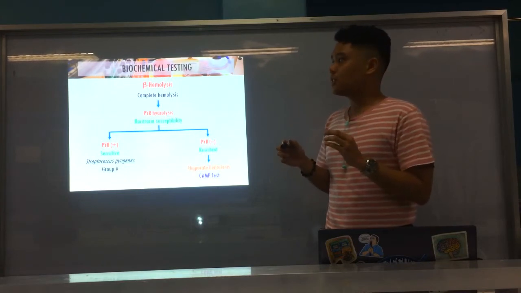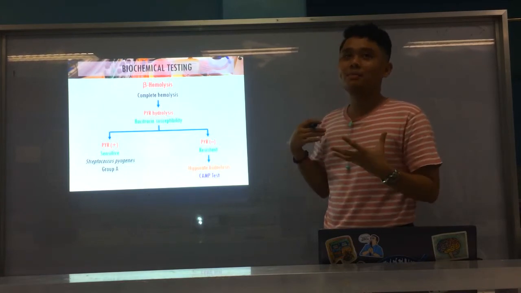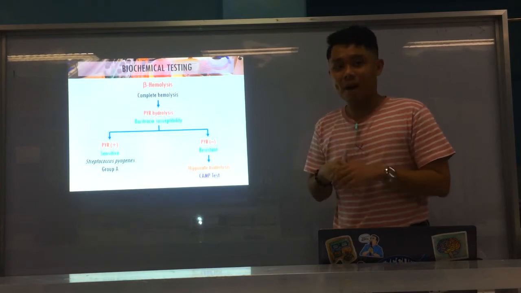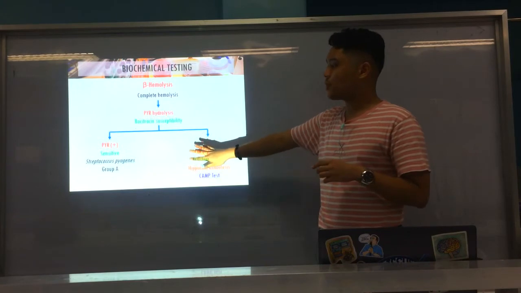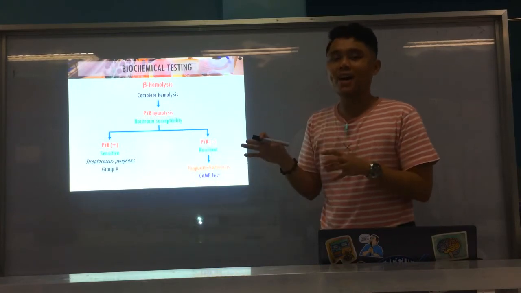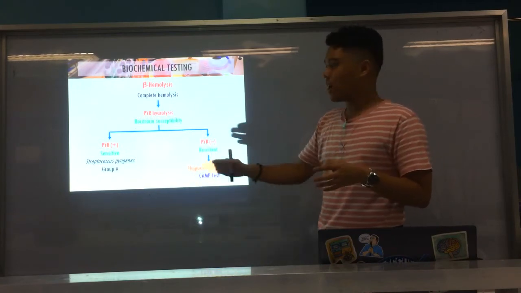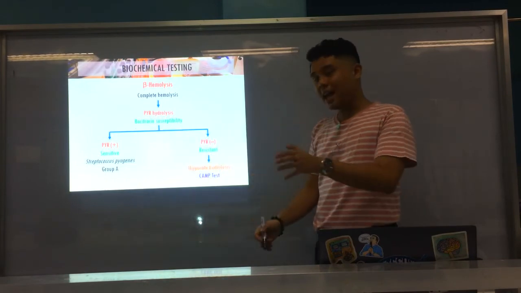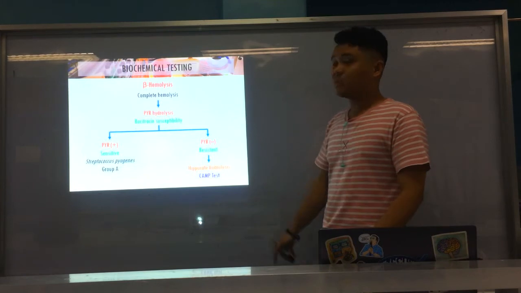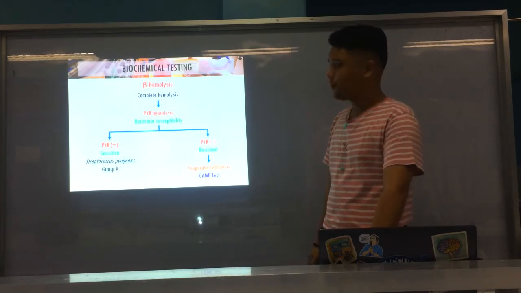Usually, of course, if beta-hemolytic, the first organism you can think of is Strep pyogenes. The second is Strep agalactiae. That's why we have these types of tests, because they are really pointing to those organisms. Okay? So first PYR and bacitracin, we test for Strep pyogenes, and next, these two tests are for Strep agalactiae. Okay? Alright.